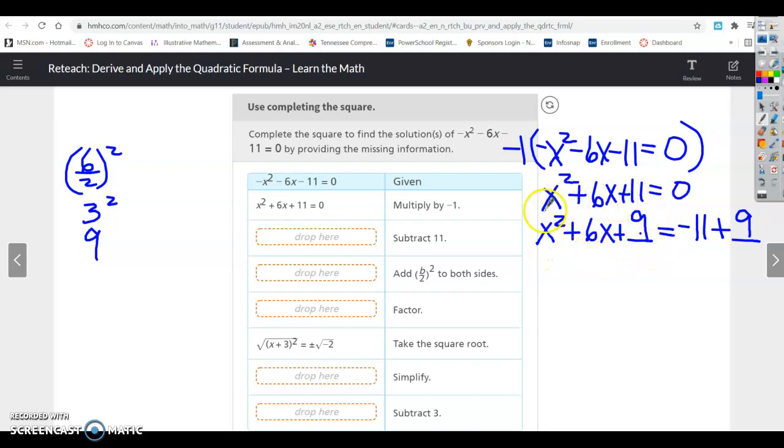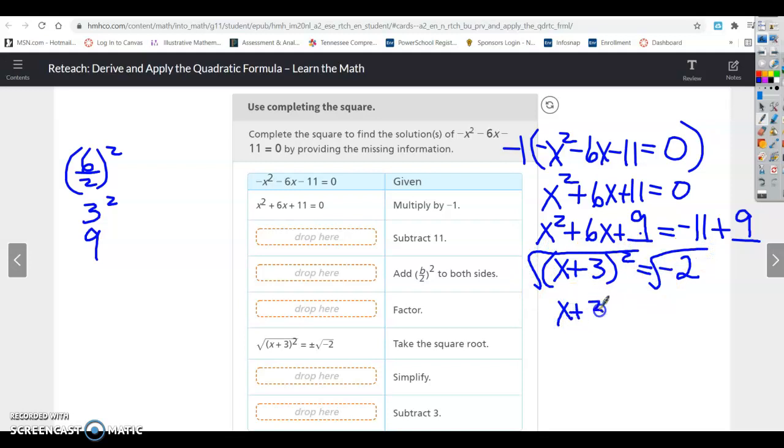We call this completing the square because we have made this a perfect square trinomial now. So we can factor this as x plus 3 squared. All we did was rewrite this in factored form, and negative 11 plus 9 is negative 2. Then we take the square root of both sides.